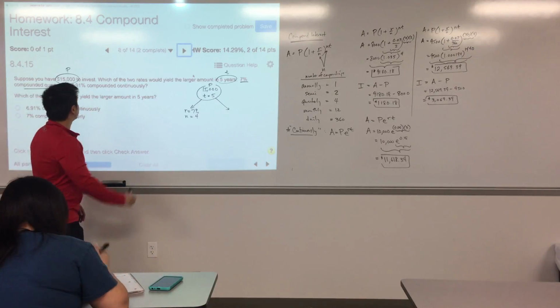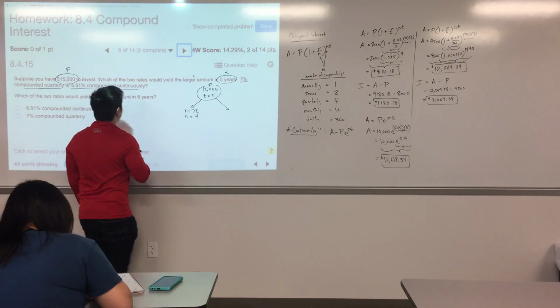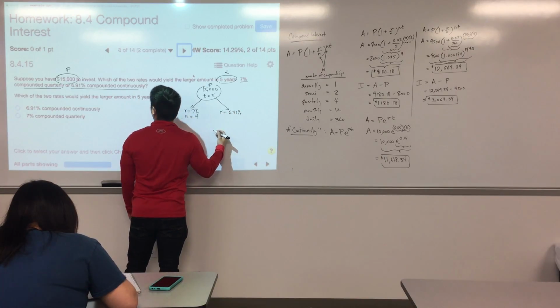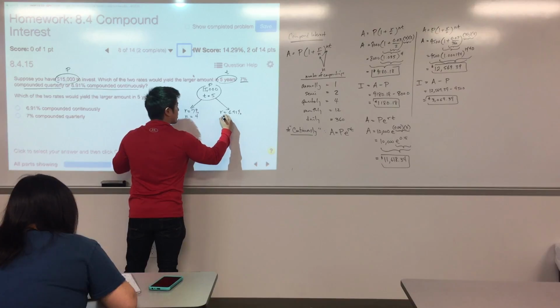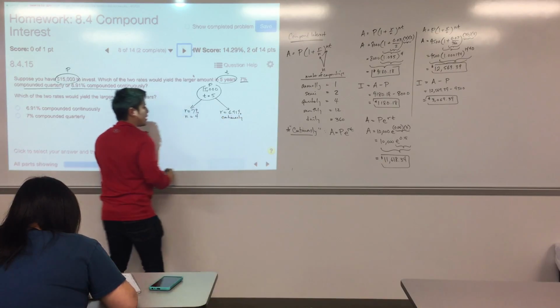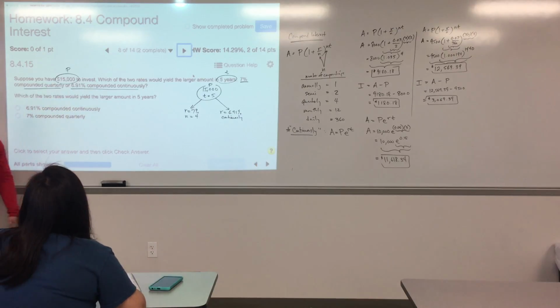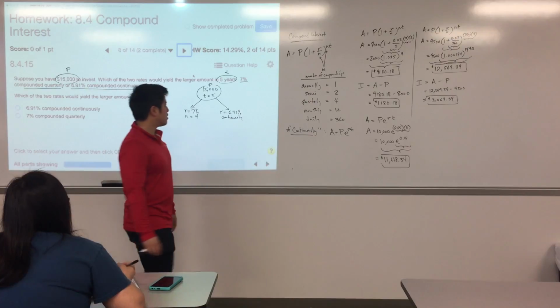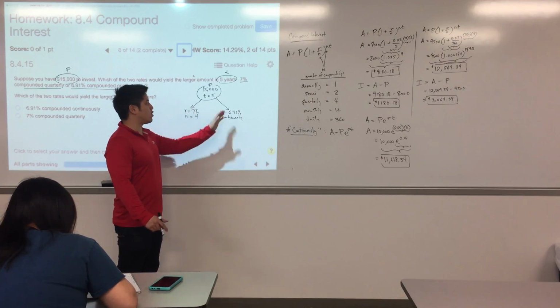The other one is 6.91%, compounded continuously. How come I don't have an n here? How come I didn't write n equals something? Because I'm going to use a different equation. That's good. I had to write continuously so I knew what to do.